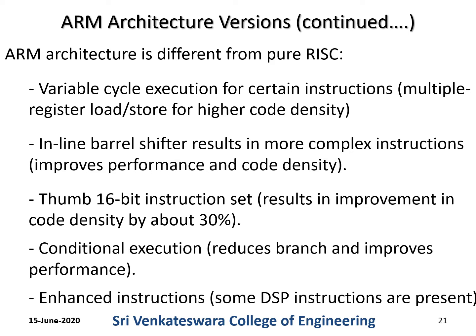Usually they give an improvement of 30% in the code density. And also there are conditional execution instructions which reduce branching, thereby increasing the performance of the processor. And there are also some enhanced instructions which are used for DSP applications.